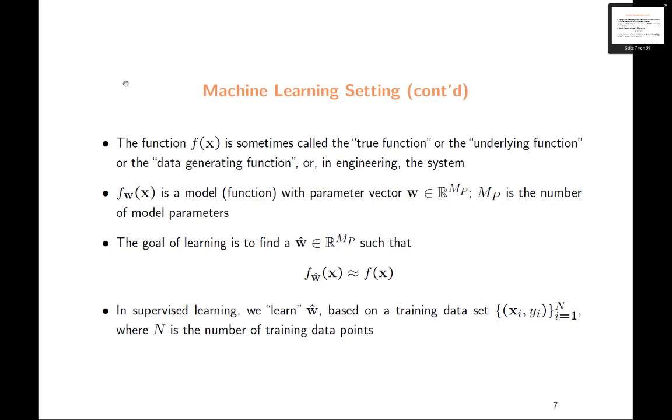And the goal of learning is to find an estimate W hat of W, also in this MP-dimensional space, such that f of W hat of x is approximately, or very close to, the true f of x. And in supervised learning, we learn this estimate based on a training data set of size n. So we have in the training set the input xi and the target yi, where n is the number of training data points.